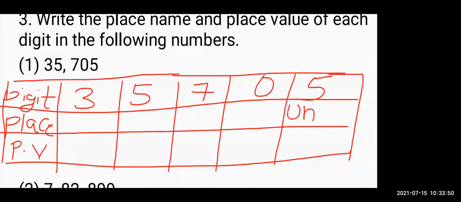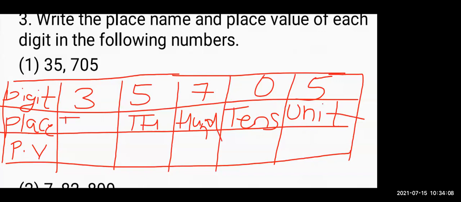Very good. 5's place is unit. 0's place is ten. 7's place is hundred. 5's place is thousand, and 3's place is ten thousand. Now we will write the place value.